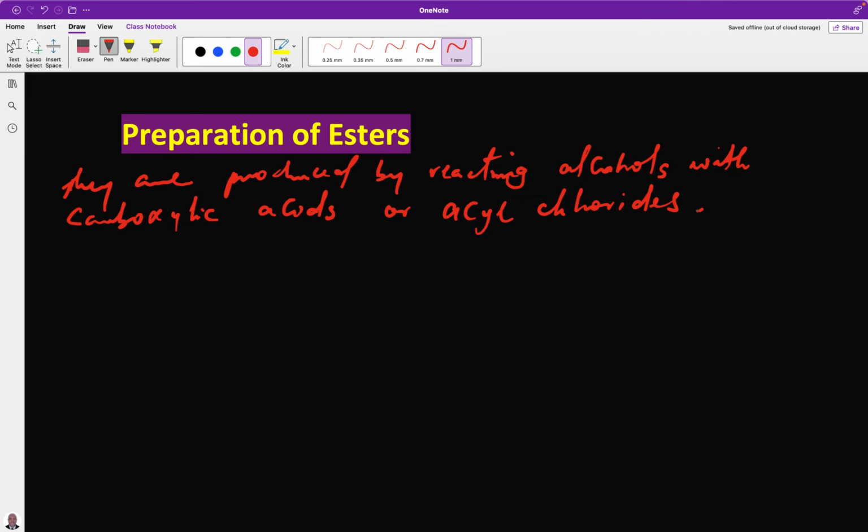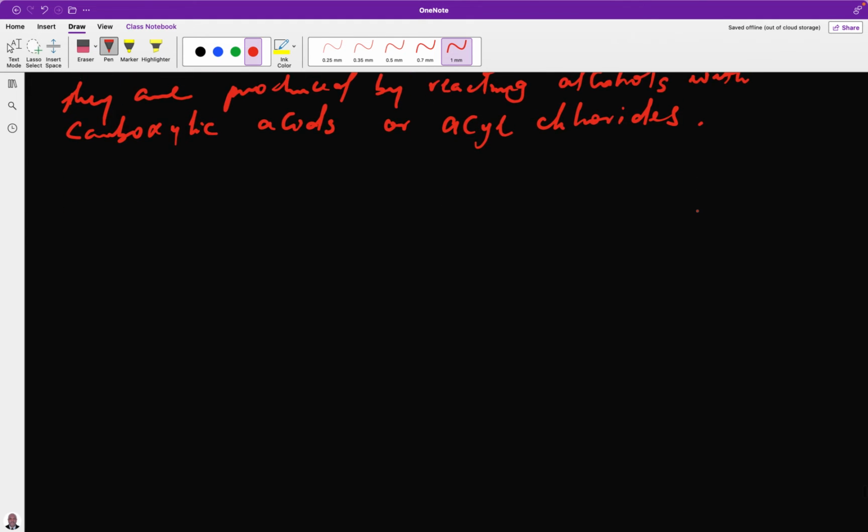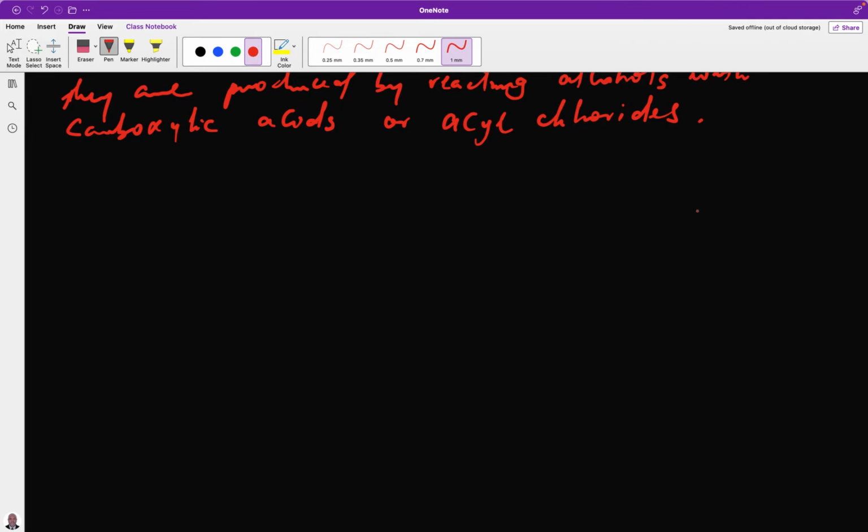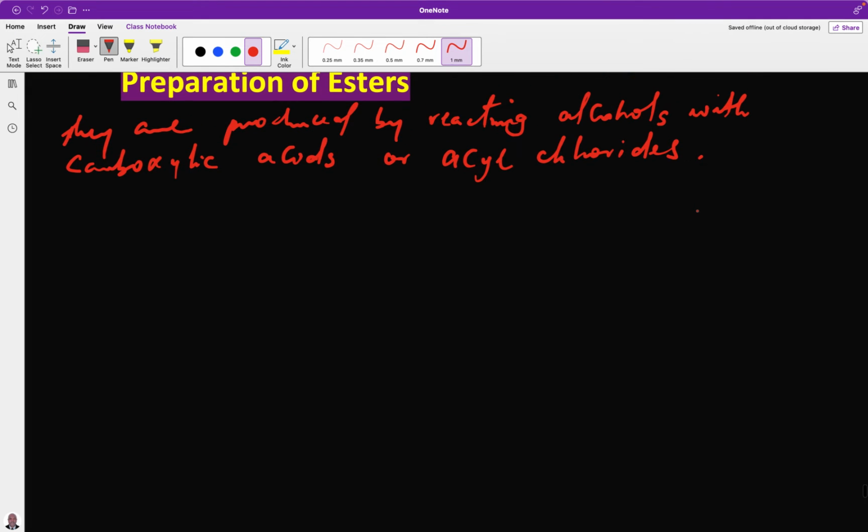So esters are produced by reacting alcohols with carboxylic acids or acyl chlorides. These are some examples I want us to look at. I want to use propanoic acid and ethanol.